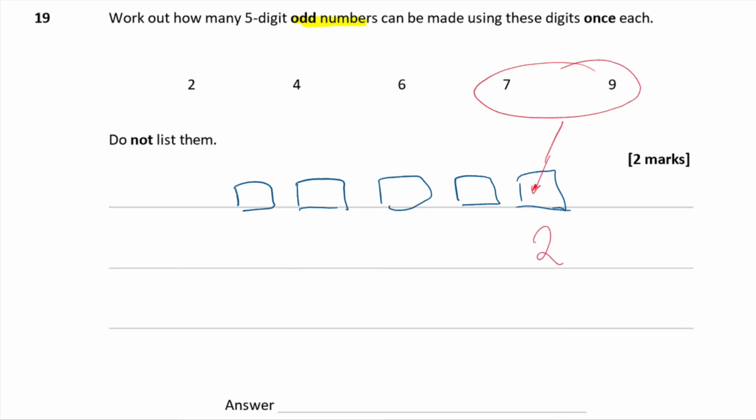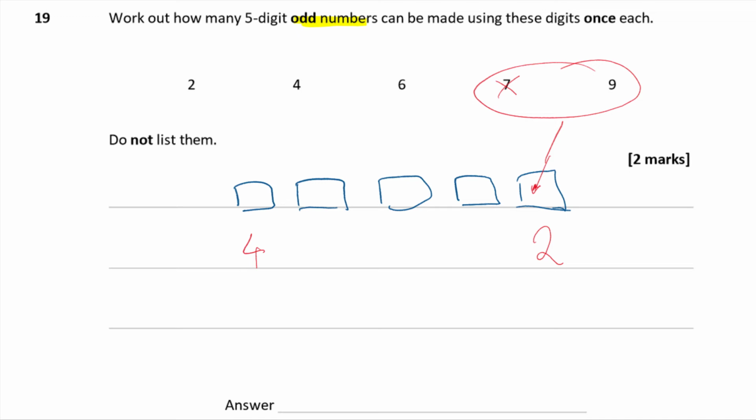Now, are there any restrictions on any of the others? No. But let's say I pick the 7, then for the first digit I've got 4 choices left to put in there, because I will have had to pick the 7 or the 9 first for the last box. Given that I picked one already, that leaves me 4 choices.